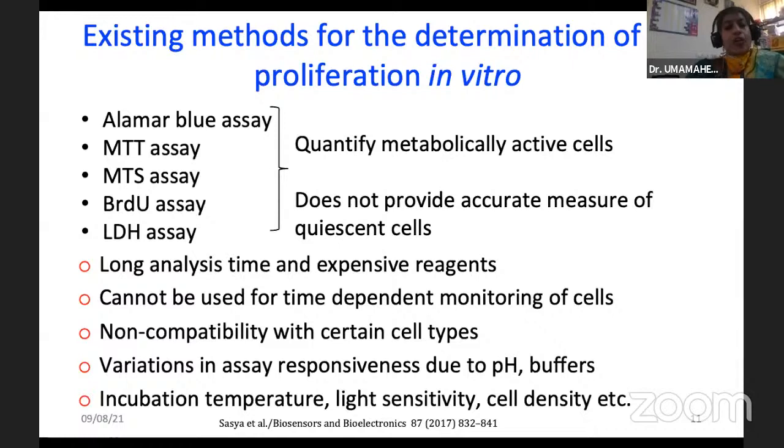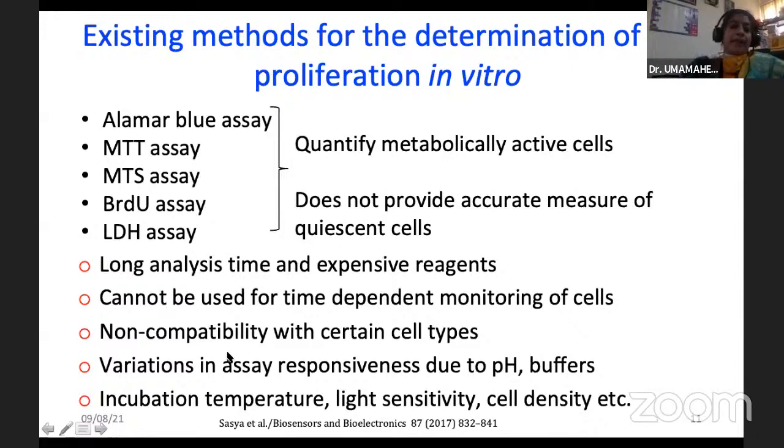And each of these assays cannot be used for all cell types. There are certain cell types that do not respond well to Alamar Blue. There are certain cell types that do not respond well to MTT. So we need to use more than one assay to confirm the findings of the proliferation when we use these dye-based assays.